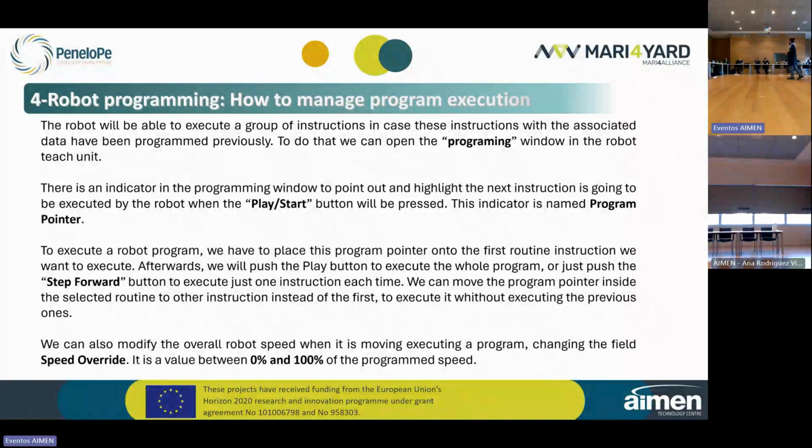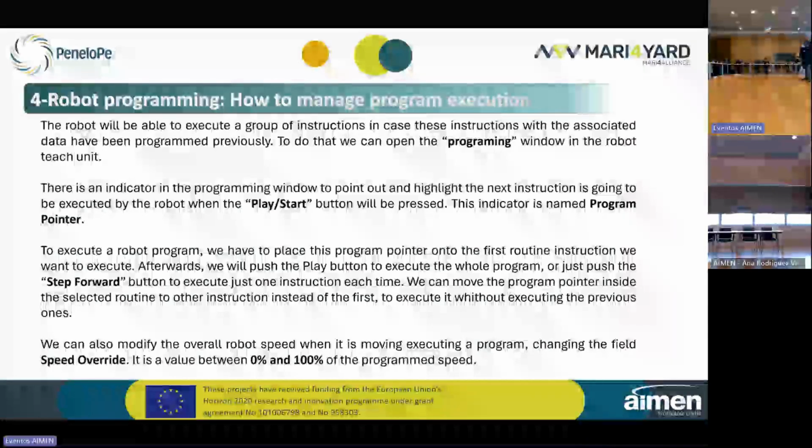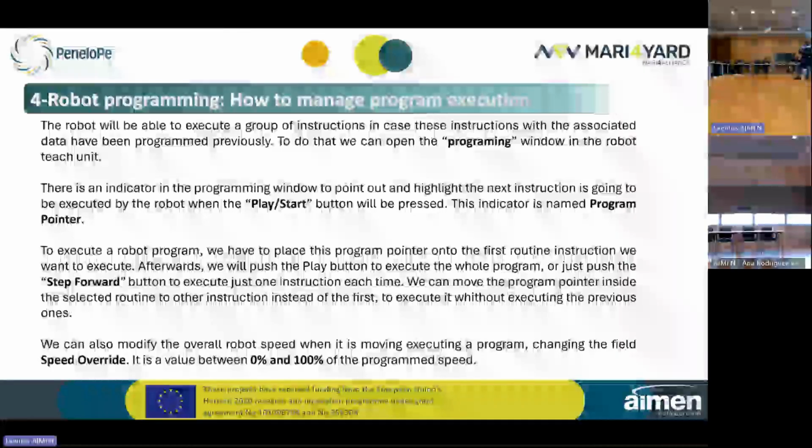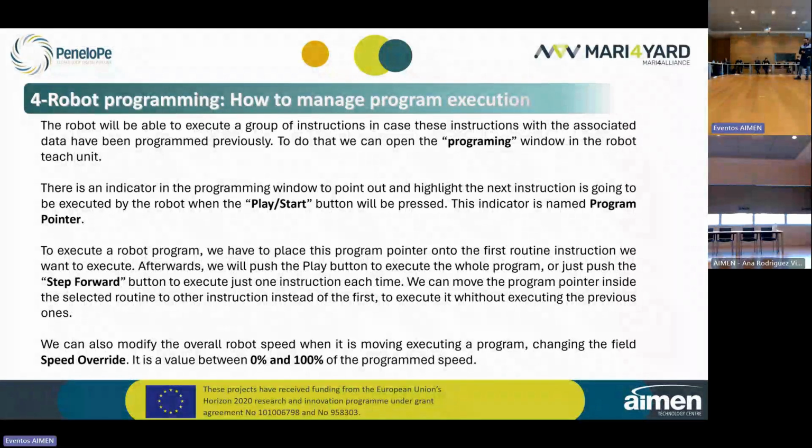In that way, when the robot reaches a movement instruction, it is going to stop, of course, because it can't move at 0% of the speed. So these are some of the concepts regarding this programming window that we have to take into account when we are starting to program a robot, or when we are going to execute a previously programmed program.